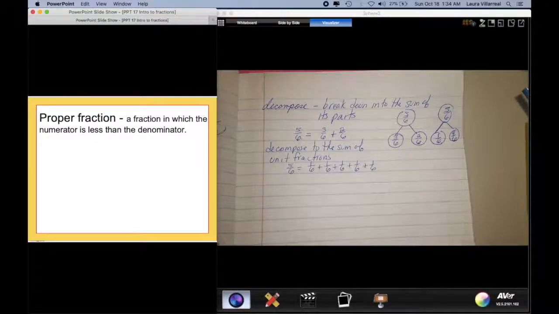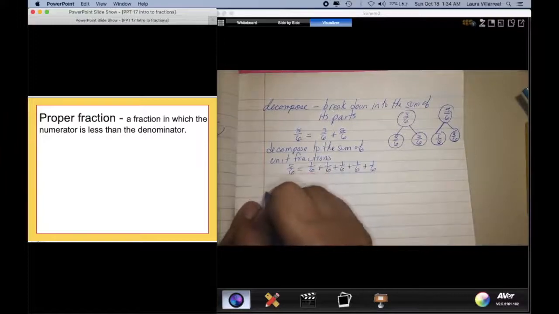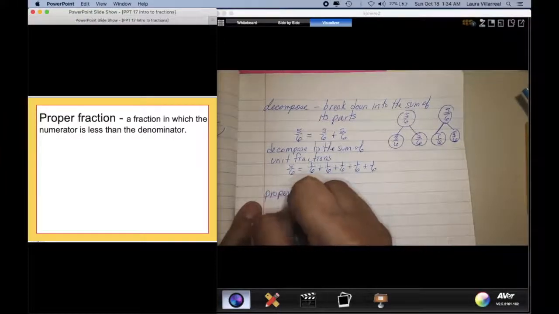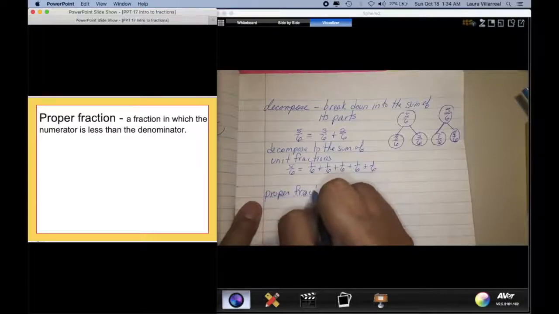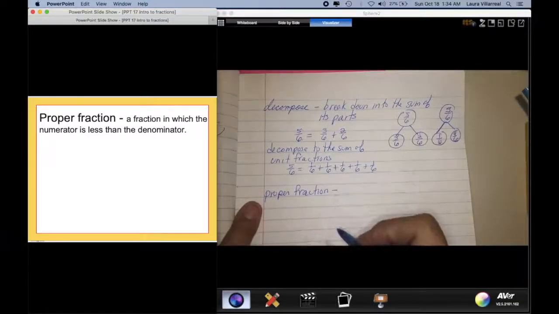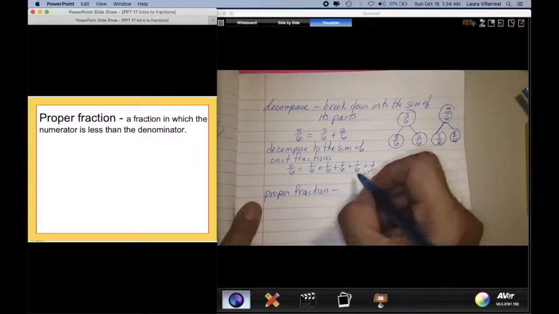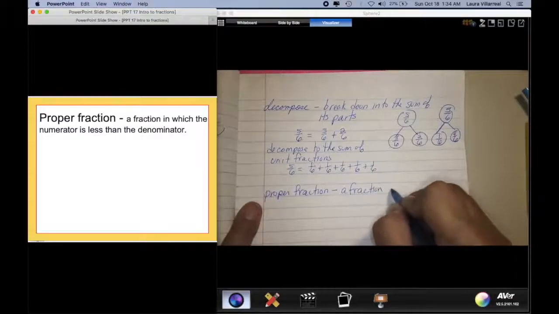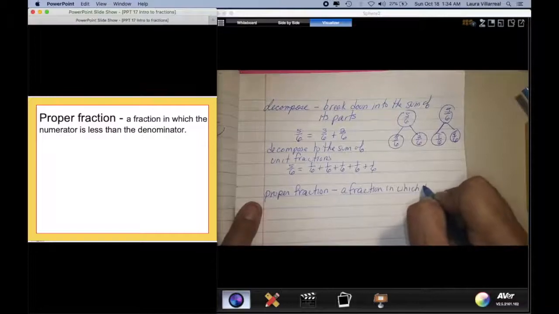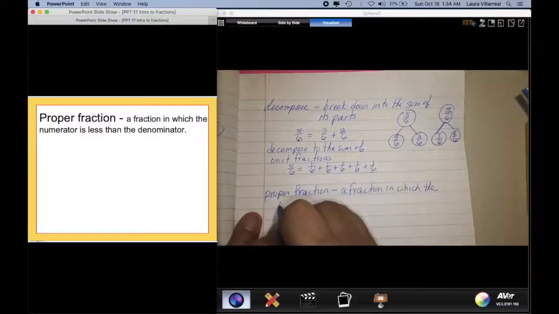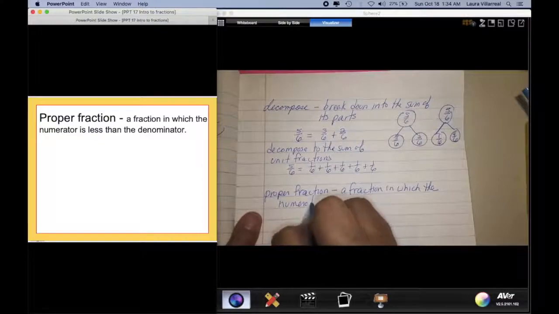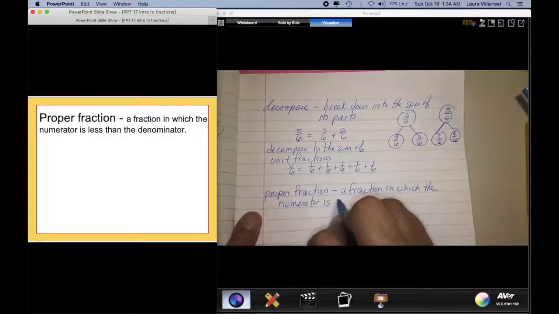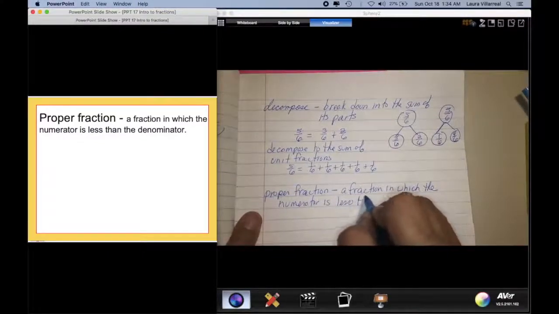Okay, the next term is proper fractions. A proper fraction is a fraction in which the numerator is less than the denominator.